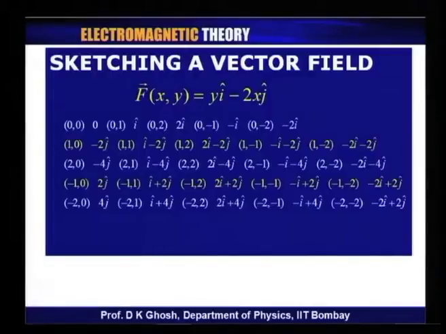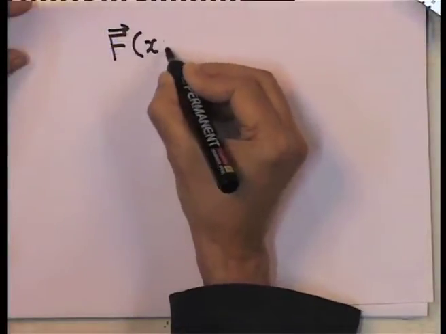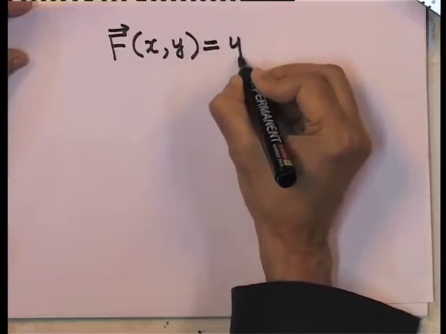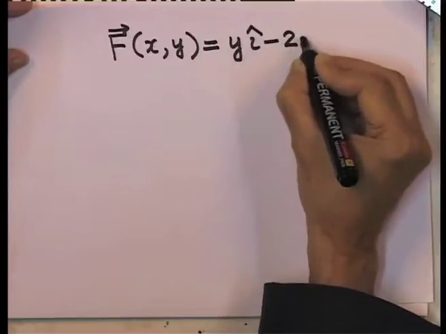I am giving you an example of a field written as F of x, y. This is a 2-dimensional vector field, which is y i minus 2x j.